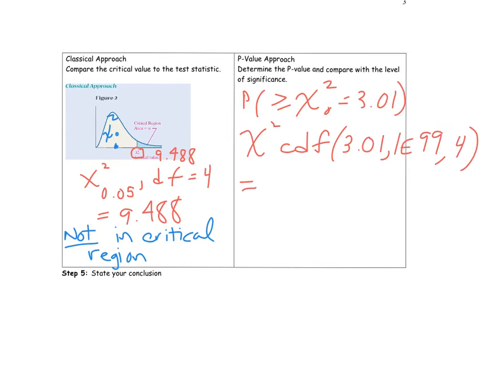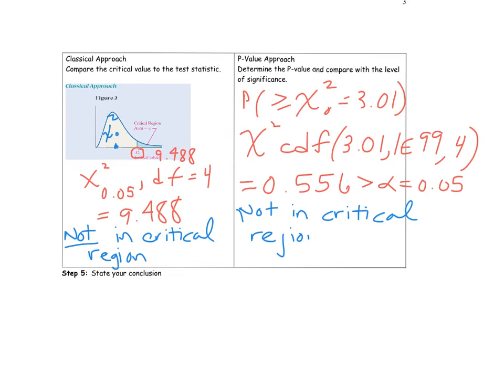And you would get 0.556 via calculator, which again is bigger than your alpha. So again, we know we're not in the critical region. We're not going to reject the null. Again, this is telling us our test statistic is not considered unusual. It is A-OK. So we're going to keep our assumption that the null hypothesis is true.